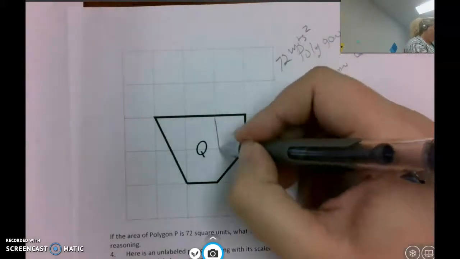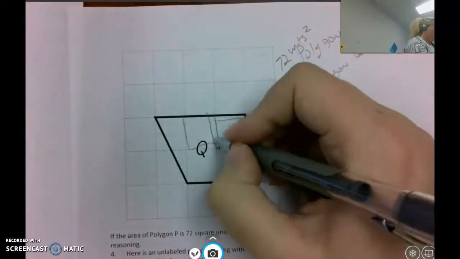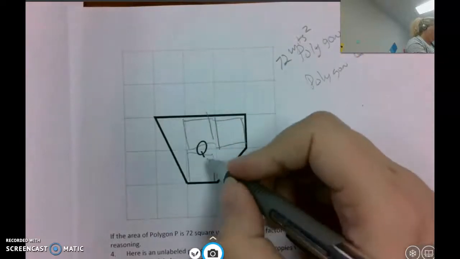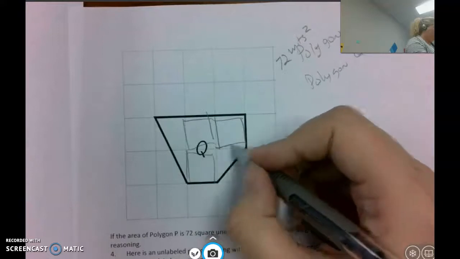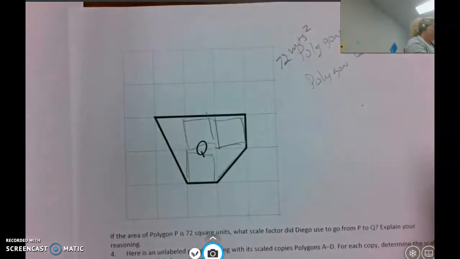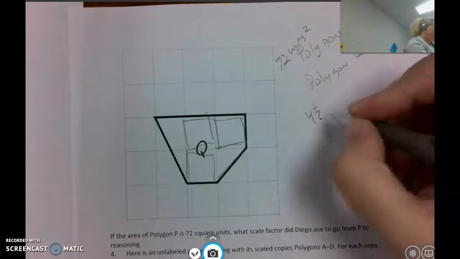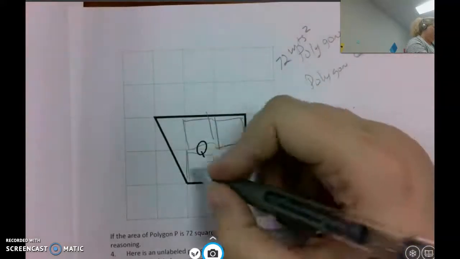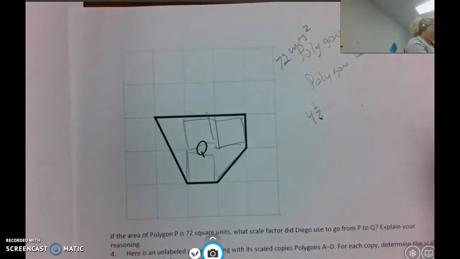So the area of Q is 1, 2, 3, 4 and a half. That's what I would say, close to 4 and a half.